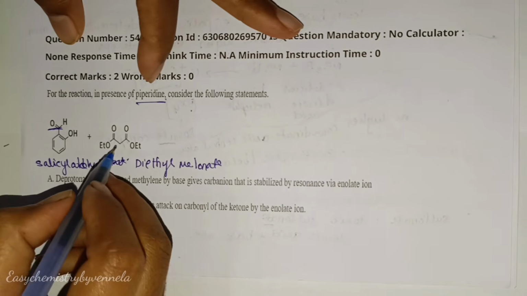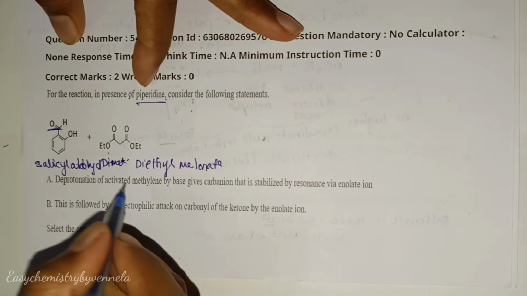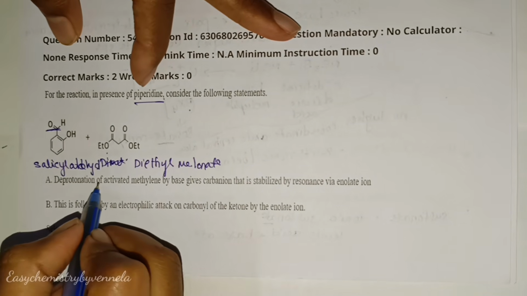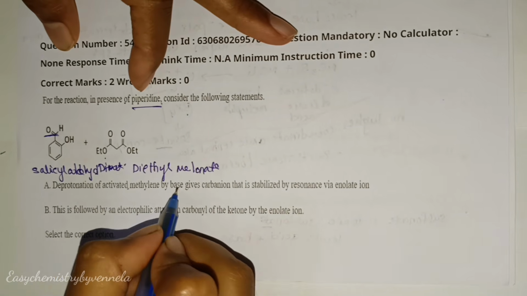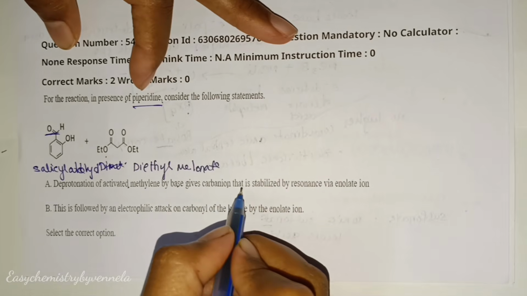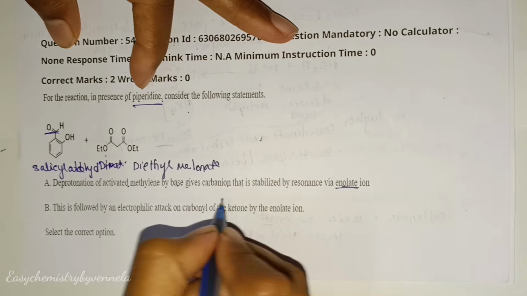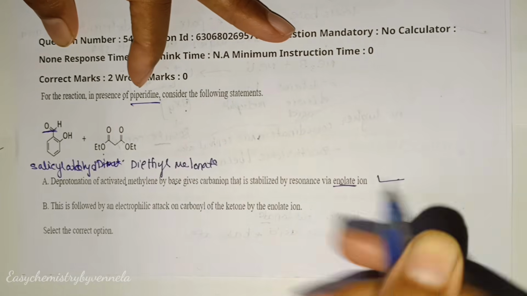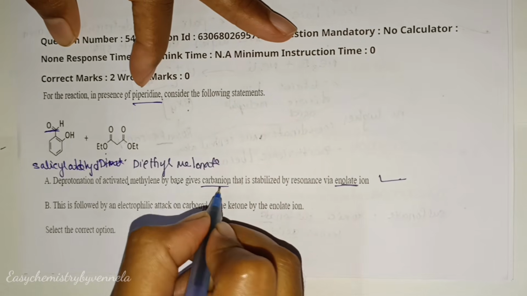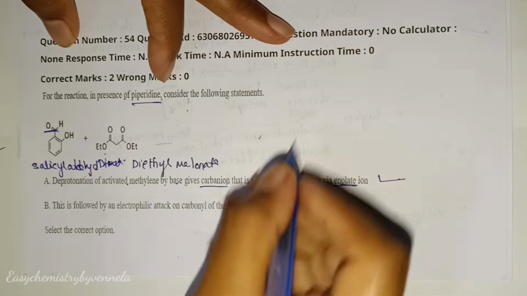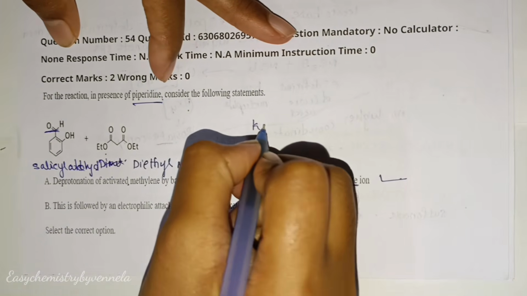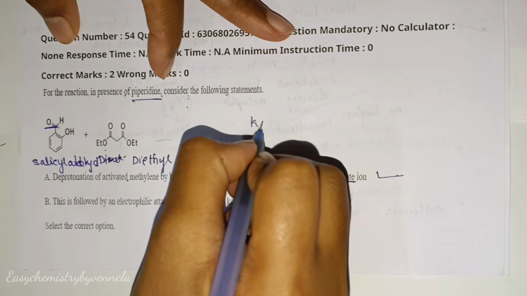This reaction in the presence of piperidine. So here the statements: deprotonation of activated methylene by base gives carbanion that is stabilized by resonance via enolate ion. Yes, this is absolutely correct because here intermediate is the carbanion. This is the Knoevenagel reaction.